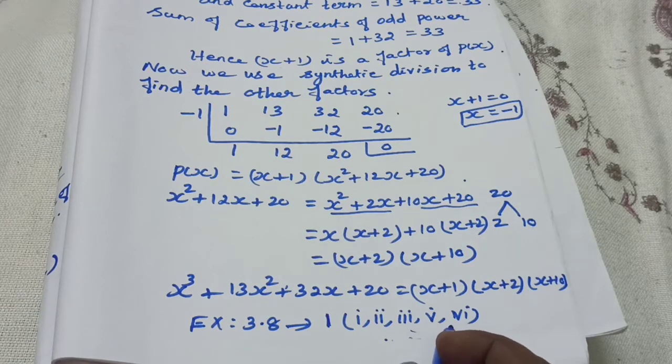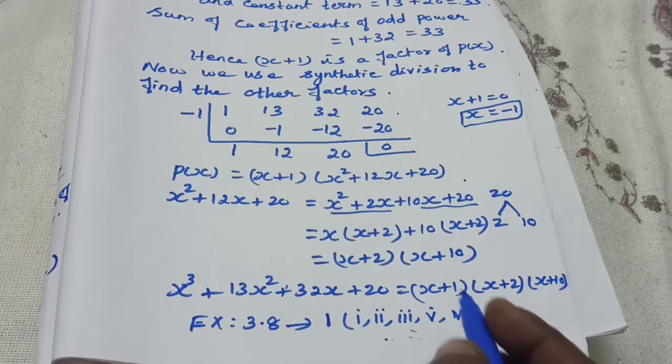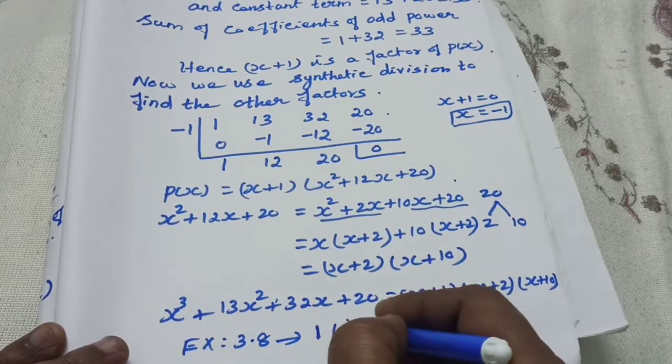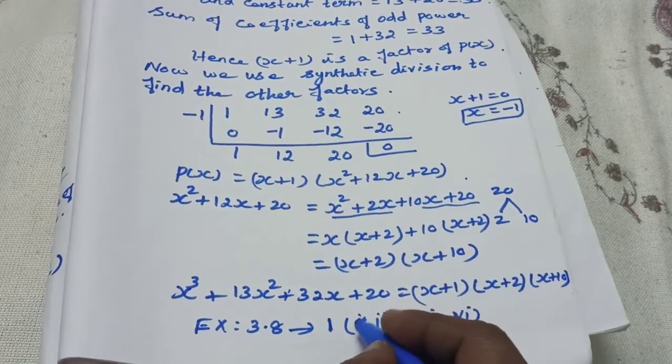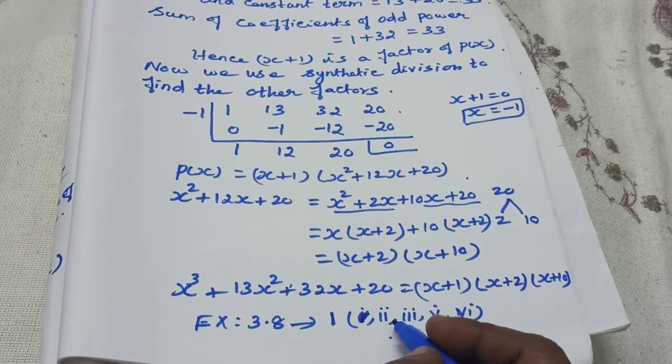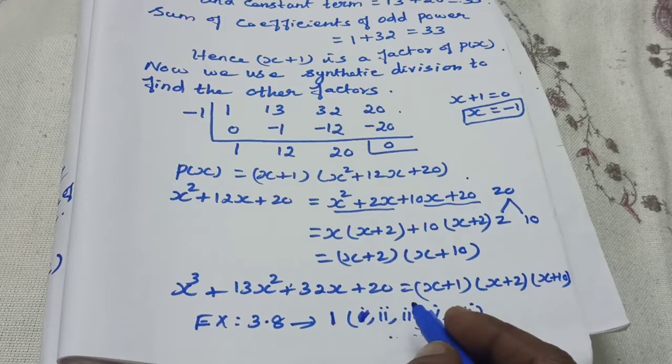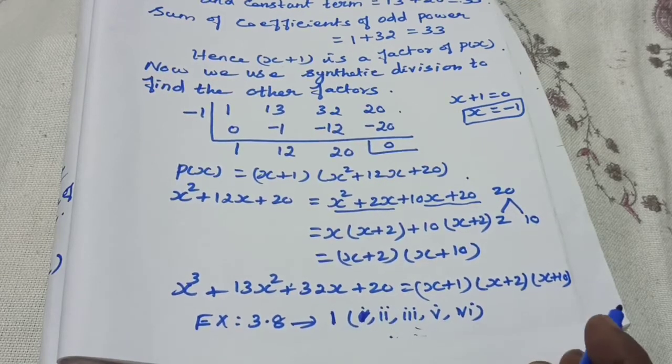Okay. And then suppose here first question, no need. Okay, first one no need. Then here second one, which one? x minus 1 is the factor, we will get x plus 1 is the factor here. Again we have to check, then only we will get first one.